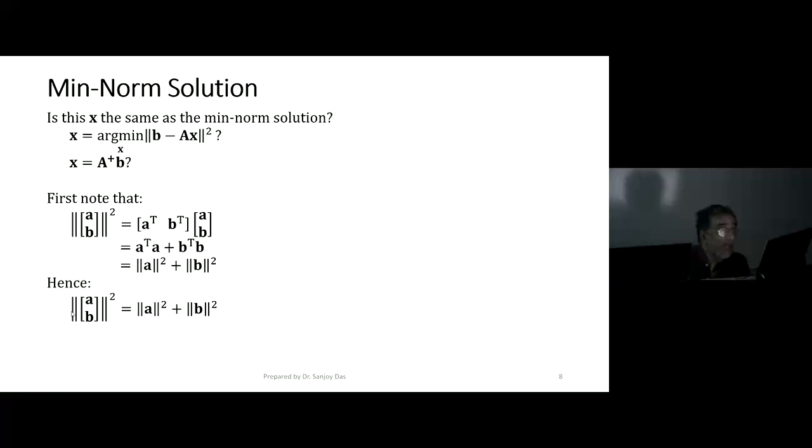So the L2 norm squared of this block vector is equal to the L2 norm of A squared plus the L2 norm of B squared. Okay, so if you have a block vector, you can easily find its L2 norm in chunks and add the squares of the L2 norms together.